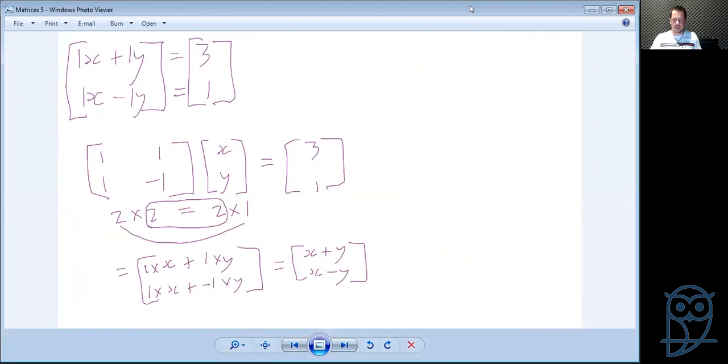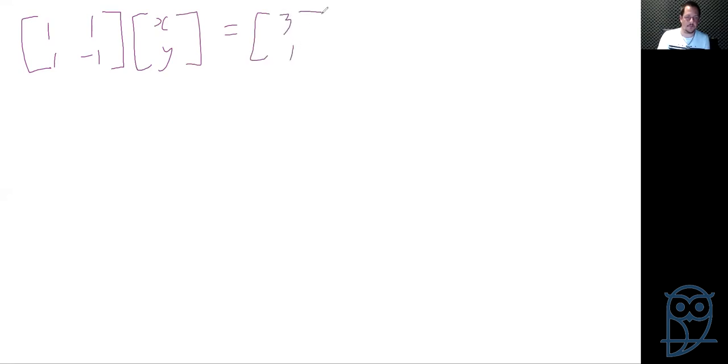All right. And I am going to be working on that now. So I'm going to whiteboard. Let us even keep color consistent. Let's work in purple. So we currently are sitting in the situation where we have 1, 1, 1, minus 1, and then x, y, and 3, 1.